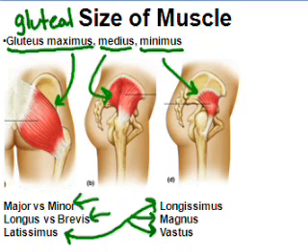A lot of times there will be a paired one. So if there's a gluteus maximus, there'll be a gluteus minimus. If there's something major, zygomaticus major, there'll be a zygomaticus minor. And then these ones, longissimus, magnus, vastus, and latissimus, are ones that are by themselves, and those just kind of all mean pretty big.